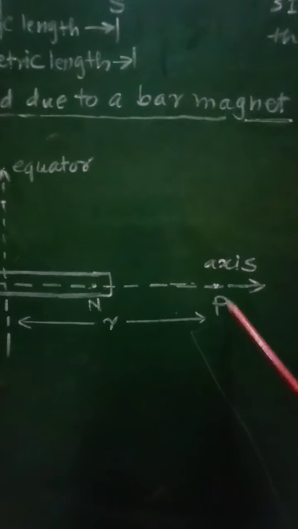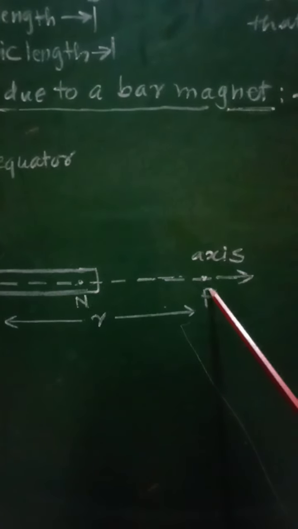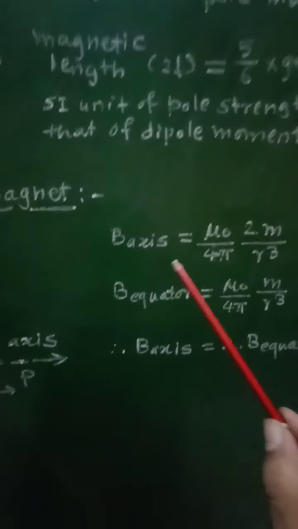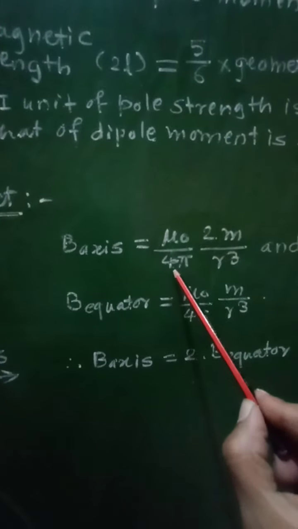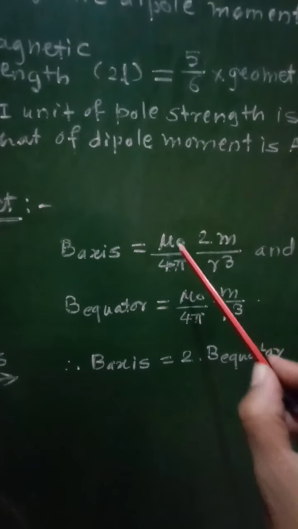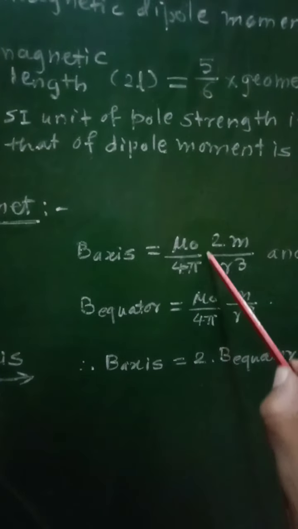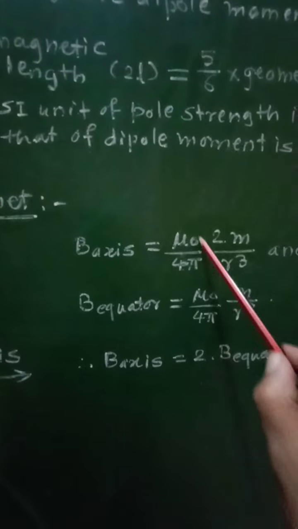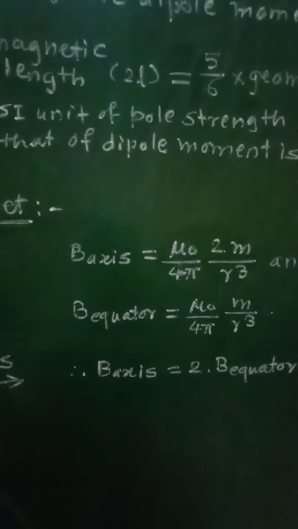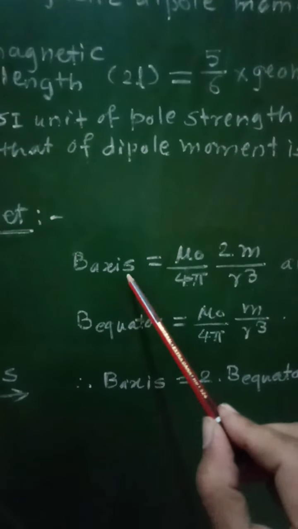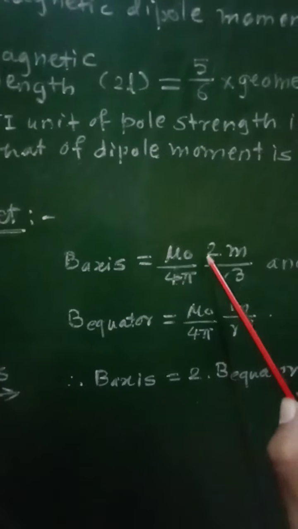Let this magnetic field at point P along the axis be B axis, and B axis is given by the formula mu0 upon 4 pi, 2m upon r cube, where mu0 upon 4 pi is a constant in magnetism whose value is 10⁻⁷ SI units. So along the axis of the bar magnet, B axis equals mu0 upon 4 pi, 2m by r cube.